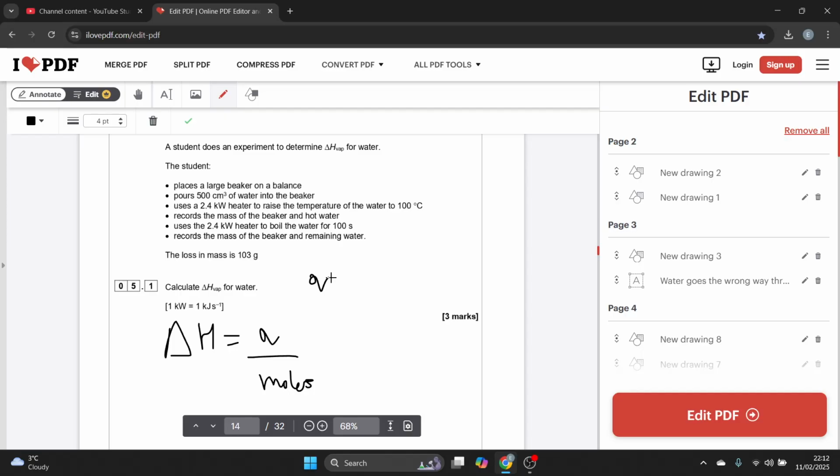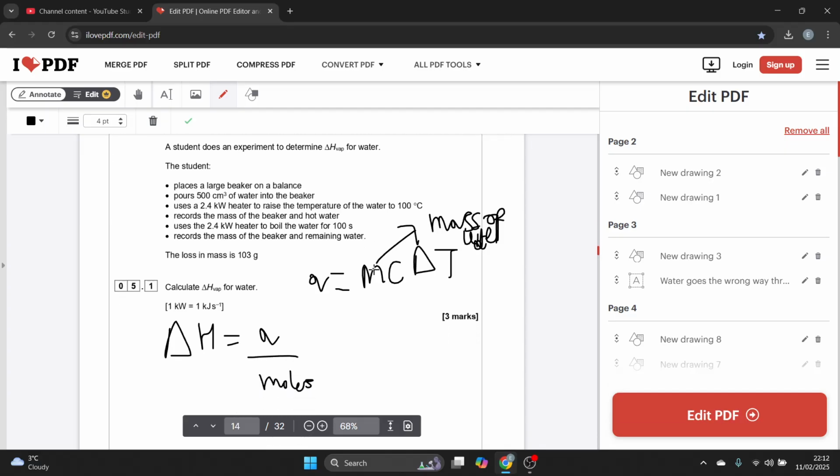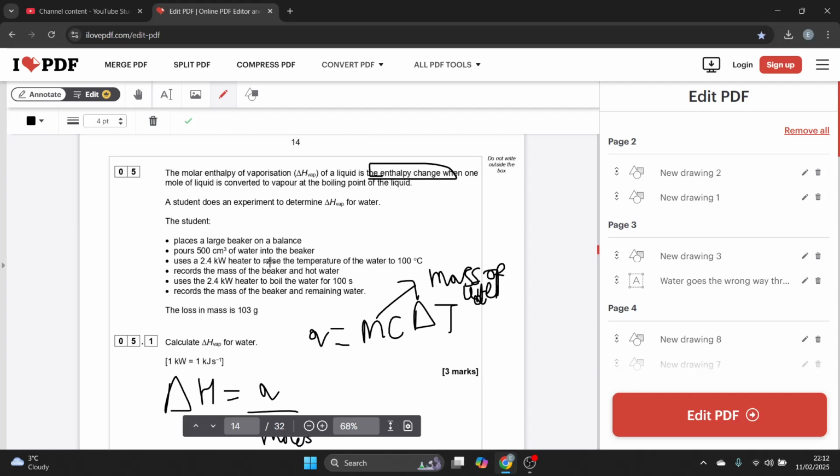I have to find out Q, mc delta T, where m is the mass of water. I know the loss in mass is that. I can find out the moles, but what about Q?